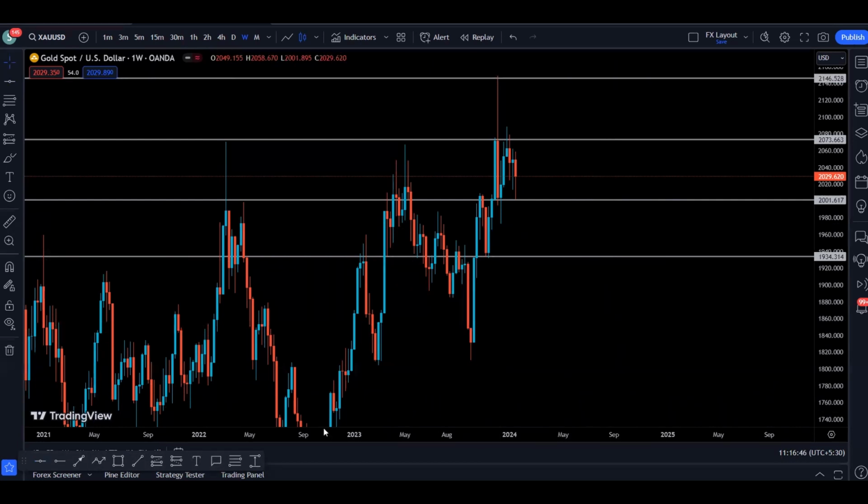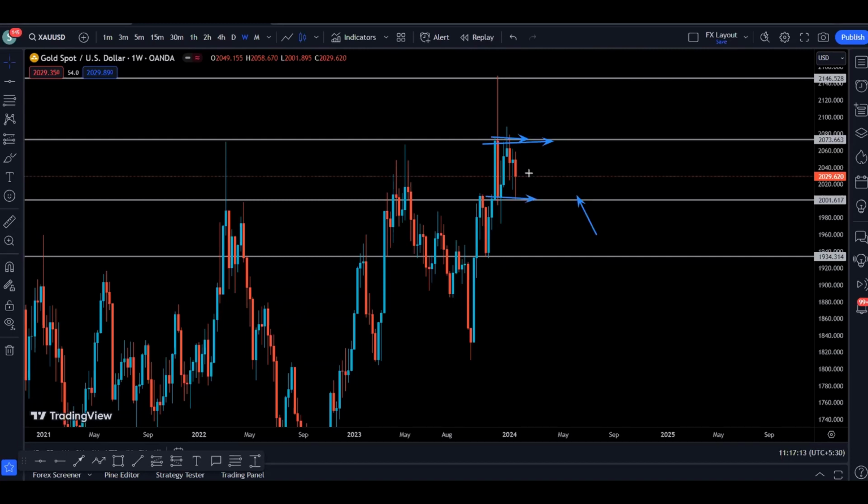We created a resistance and the price tried to break it, but we could not. We closed another bearish candle at this resistance, and once we form resistance at a previous resistance, as we anticipated, there was a higher probability for the price to come down. So the price already came down and retested the support.